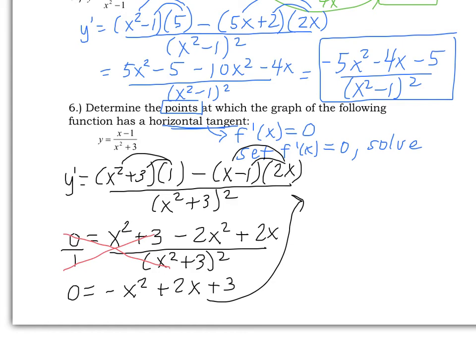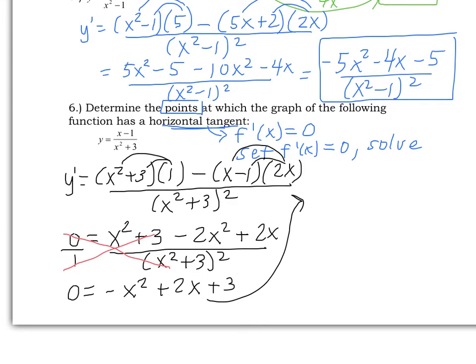So again, if we're talking about a fraction set equal to 0, you simply set the numerator equal to 0. You don't have to put that 0 over 1 and cross multiply. That's just to help you see that the 0 would wipe out the bottom. So it's really just the numerator set equal to 0.